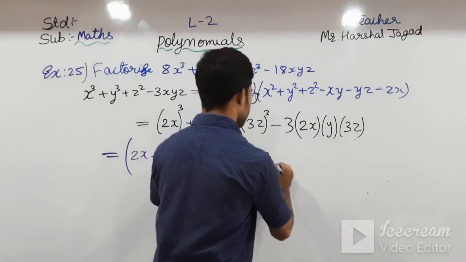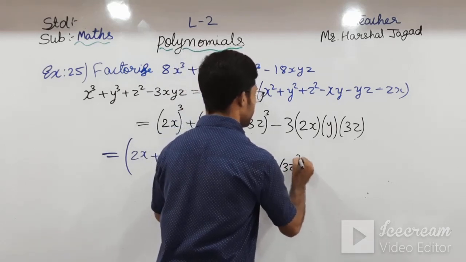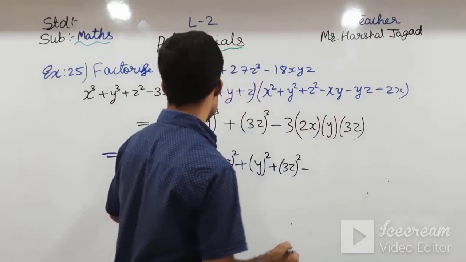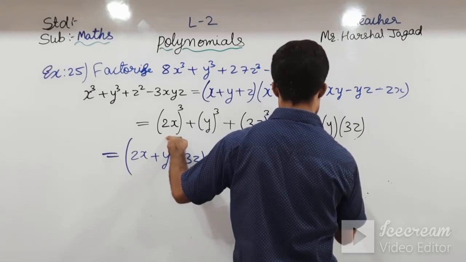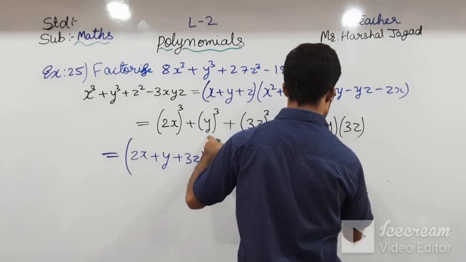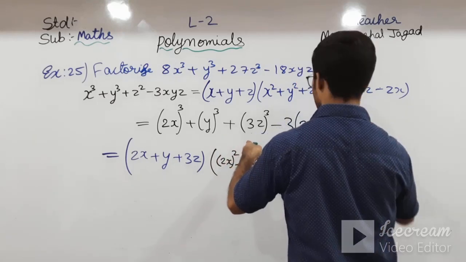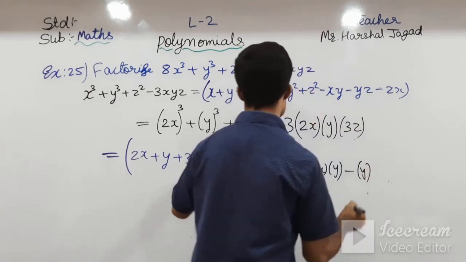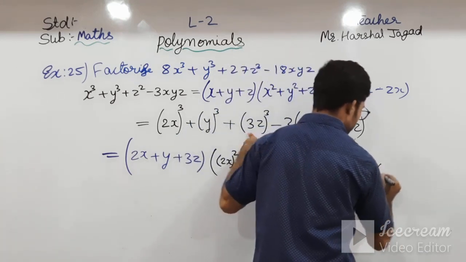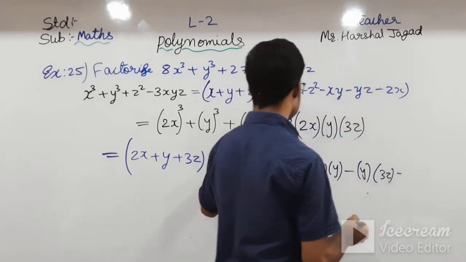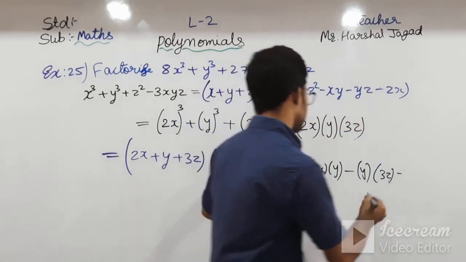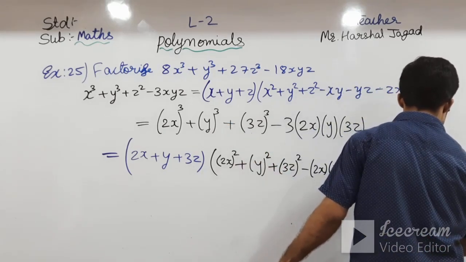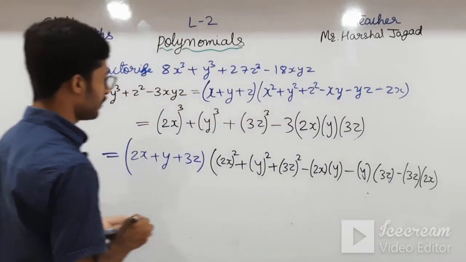That is 3z the whole square. And then what we have to do? Minus xy, minus 2x into y, then minus yz. What is y? That is y. And what is z? That is 3z. And then minus zx. So 3z into 2x. Now solve this, students.